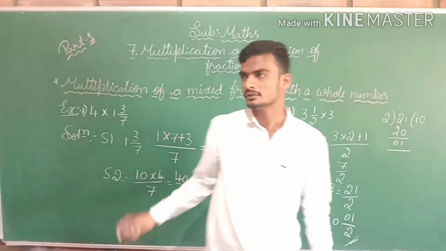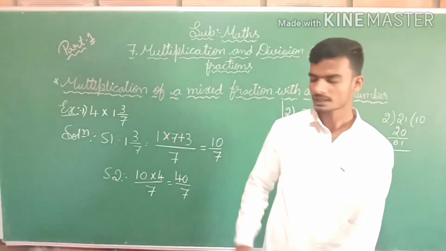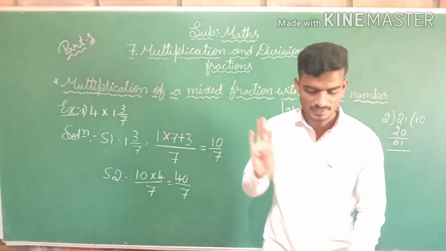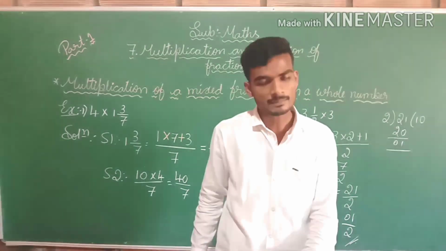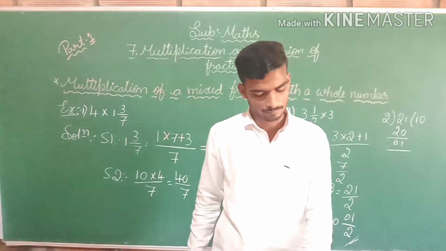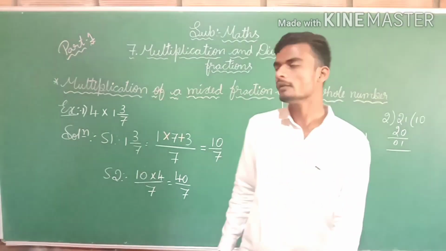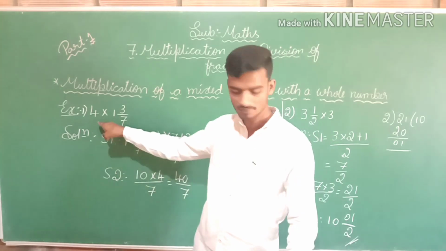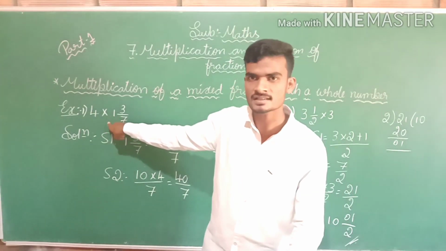These are the two examples we have discussed here. Now similar problems are there in your exercise 7.1 B main. They have given, that is, solve 3 into 2 whole 1 by 5. Okay, this is the question I have taken from your exercise itself.